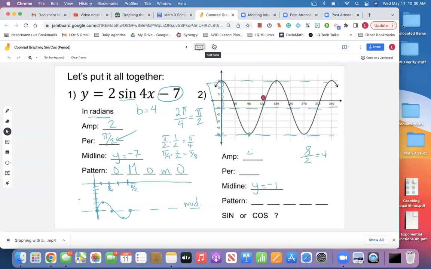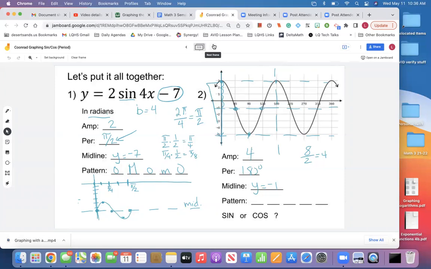The zeros are at the midline. Max, 0, min, 0, max. Okay. And it stops right here at 180 degrees. And the amplitude we already said was 4. Okay. The amplitude is 4.